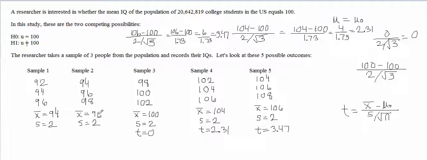Now this one actually will be negative 4 on top. It would just be negative 4 over 1.73. And this one over here would just end up being negative 6 over 1.73, which would mean that these t-scores would just be the opposites.